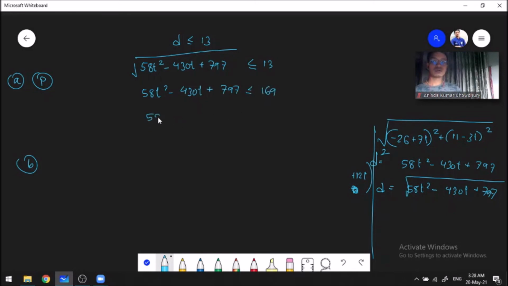Now if you bring everything to the same side, you get 58t² - 430t + 628 less than or equal to 0. So now if you want to find the critical values of this quadratic expression, we have to equate this quadratic equation to 0. From there we can get our values of t, let's use the calculator.